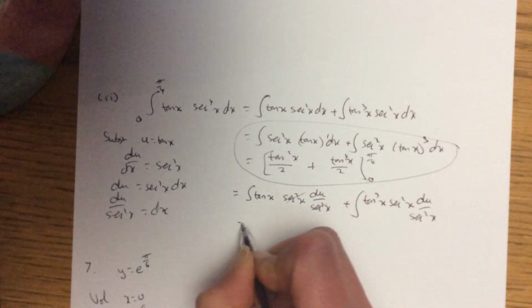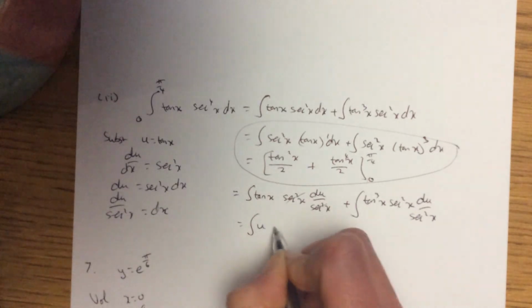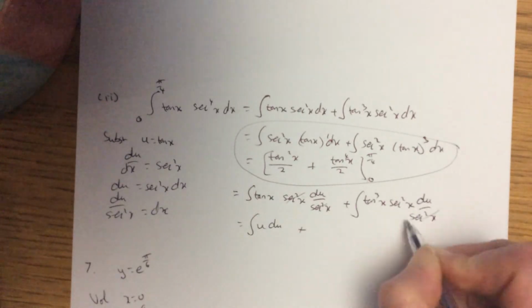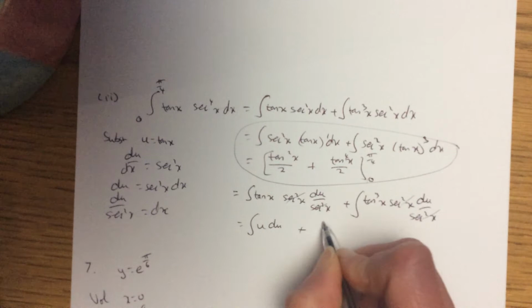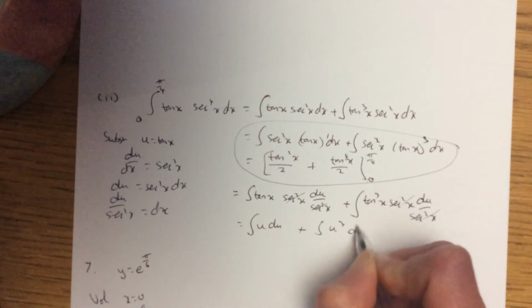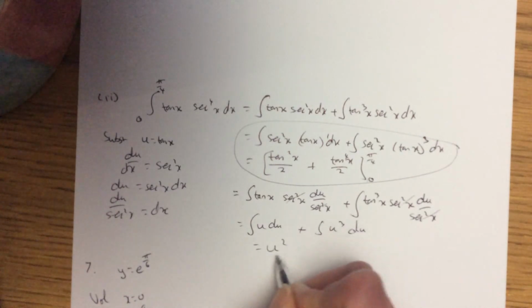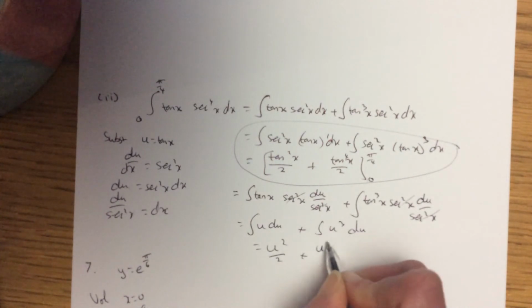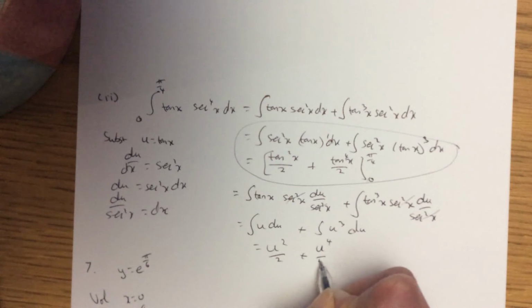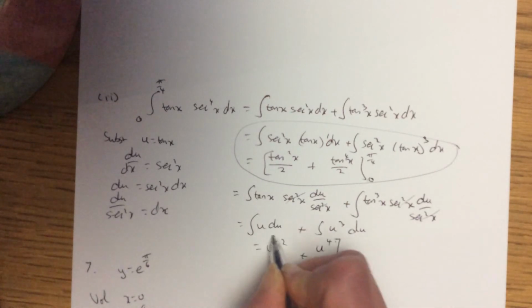Those sec squareds cancel off. Tan is u du plus those cancel off, and tan is u. So it's u cubed du. So you add 1 to the power and divide by it. Add 1 to the power and divide by it. You've got limits in this case.